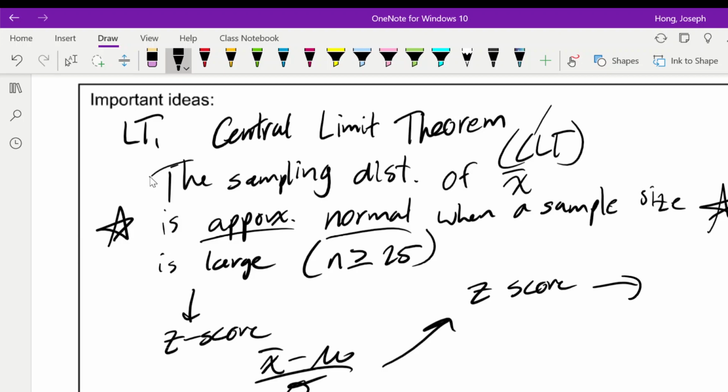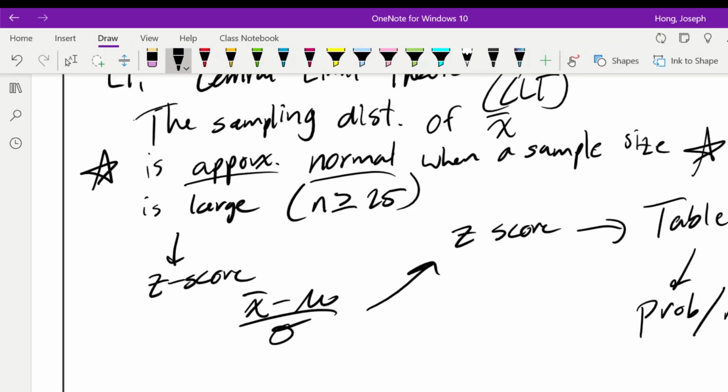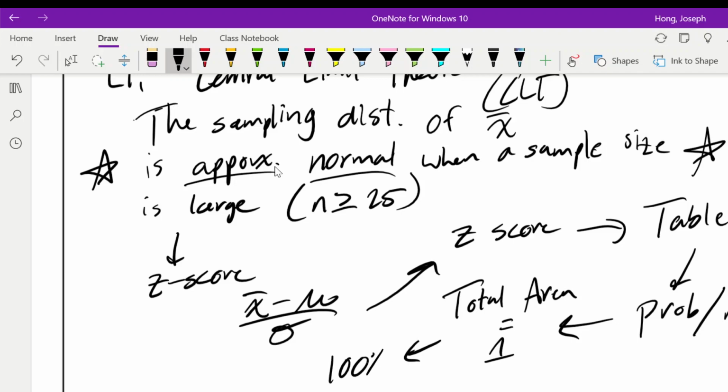Then you're going to go to table A, then you're going to find the probability or the area of a distribution, because all distributions are based off of the total area having to equal 1, because 1 is representing 100% of the outcomes, which has to be true.